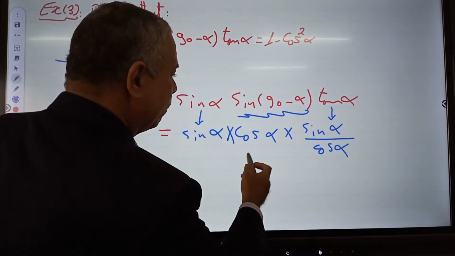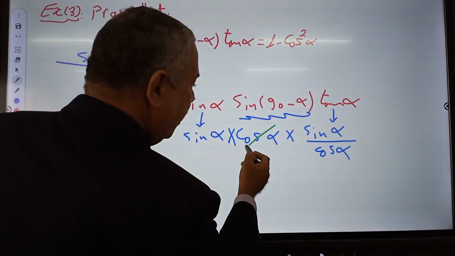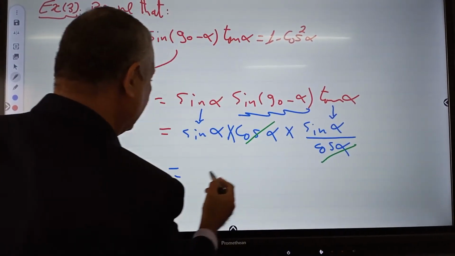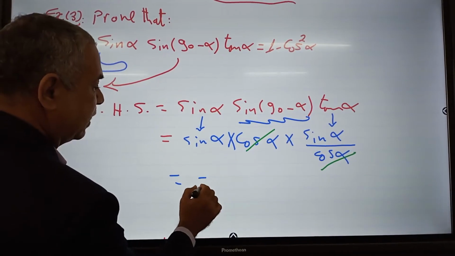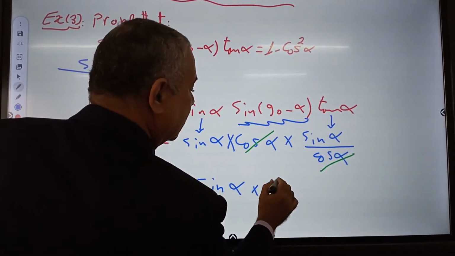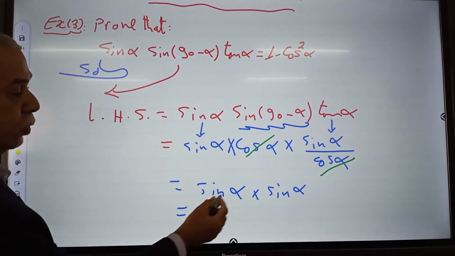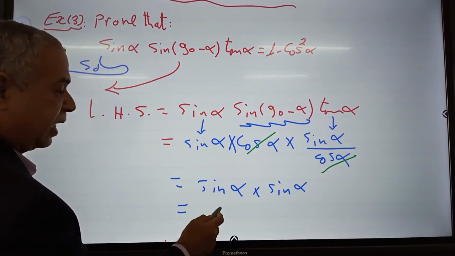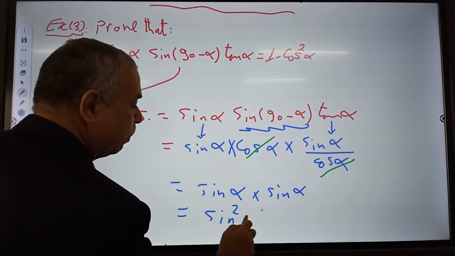We can cancel cos α up with cos α down. So our answer is sin α times sin α. All of us know sin times sin is sin², so this equals sin²α.